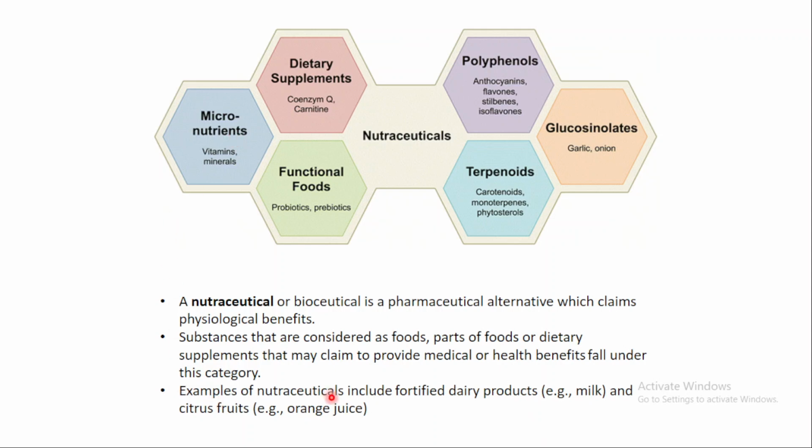So some of the examples of nutraceuticals include fortified dairy products, example milk, and citrus fruit like orange juice and all. So mostly food materials which provide nutrition fall under the category of nutraceutical. While a pharmaceutical is a substance used in the diagnosis, treatment, prevention of disease, and for restoring, correcting, or modifying organic functions.